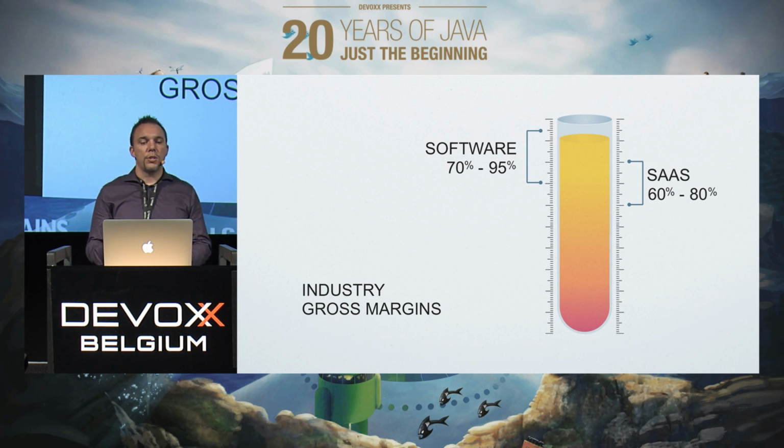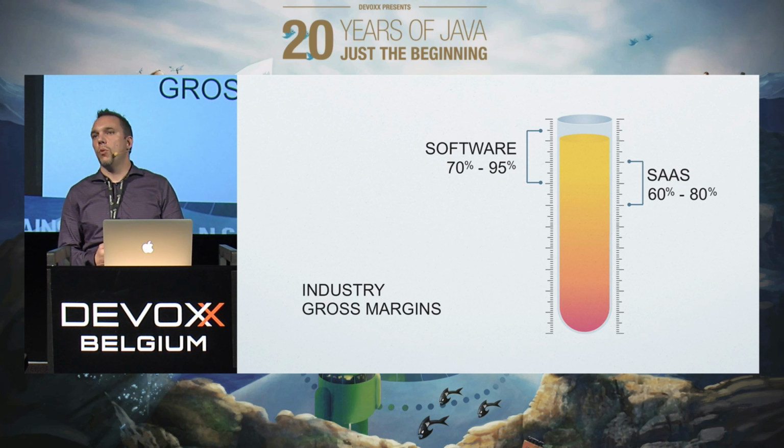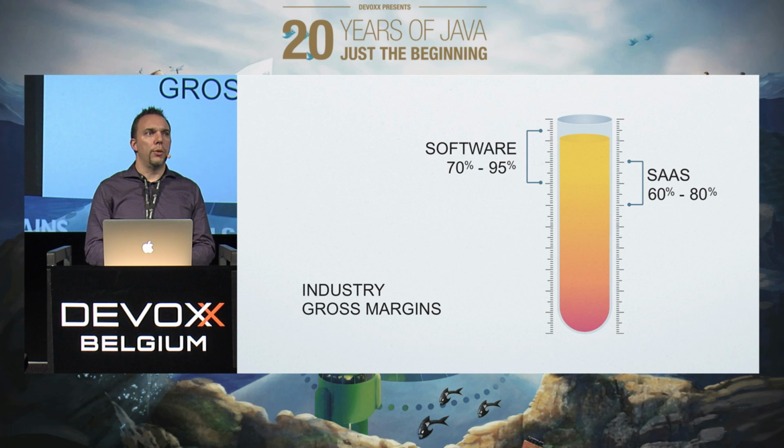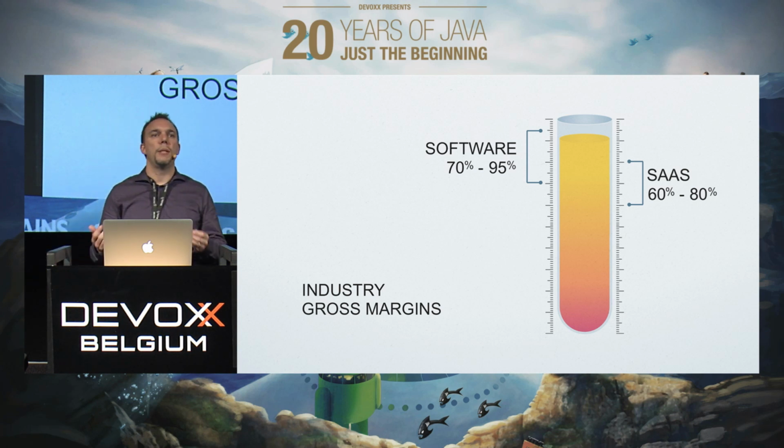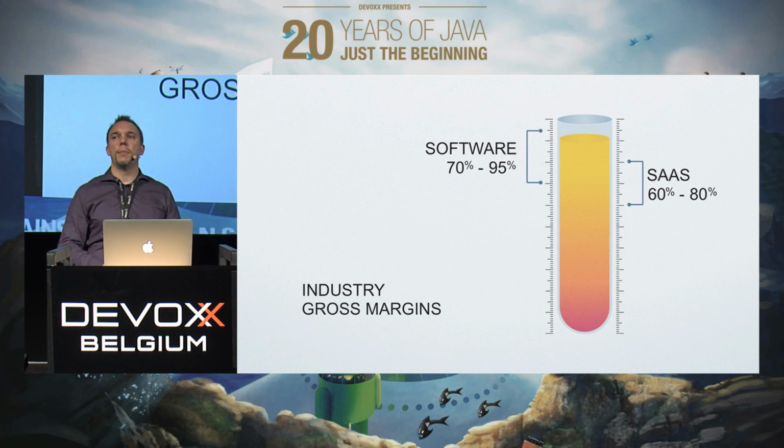So gross margins of 70 to 95% are common in the software business, especially in the on-premise one. There's probably only drugs and narcotics that have a similarly high profit margin. For software as a service companies, because you have to run servers and have operational people and databases and backups, margins are a bit lower, 60 to 80%.